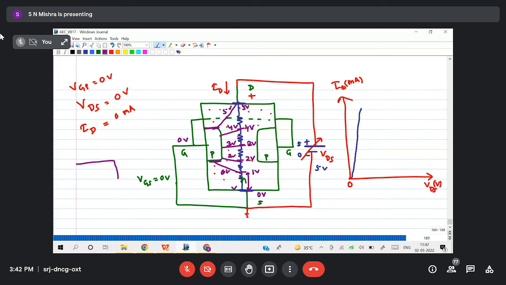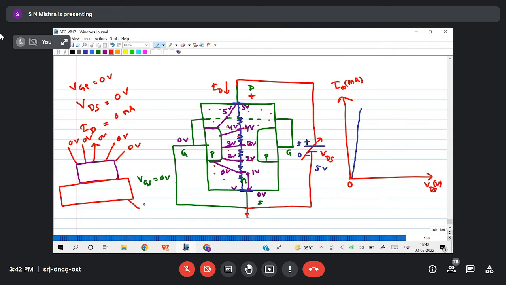You can understand like this. This is p-type material and this is n-type material. So here I'll connect 0 volt, 0 volt, 0 volt, 0 volt, 0 volt.